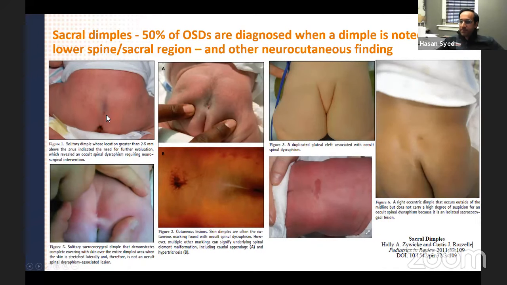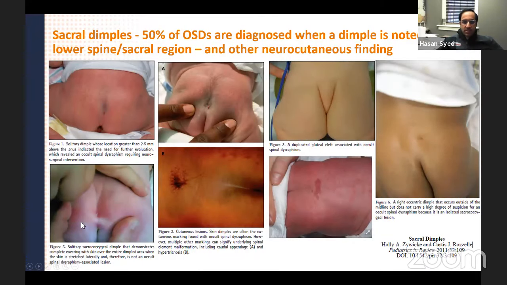You have a dimple above the anus here, a caudal appendage above the gluteal crease, duplicated gluteal clefts, and an asymmetric dimple. This one is normal: you can see how the gluteal crease is being stretched, and this is within the gluteal crease, something that is not associated with spinal dysraphism.